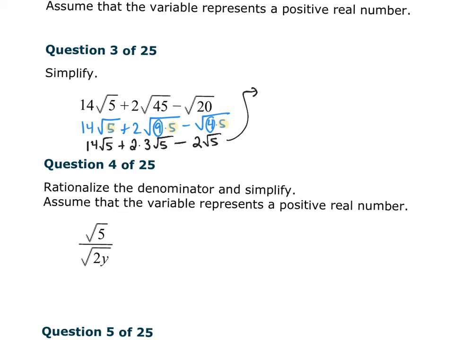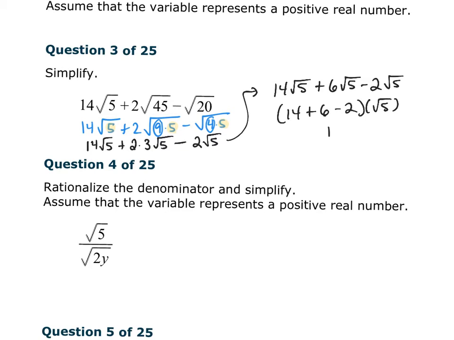So when I go to do this, I get 14 root 5 plus 6 root 5 minus 2 root 5, which is then just 14 plus 6 minus 2 times root 5, because basically I can factor out the root 5 because they all have that same factor. So then I just get 18 root 5, and then I'm finished.